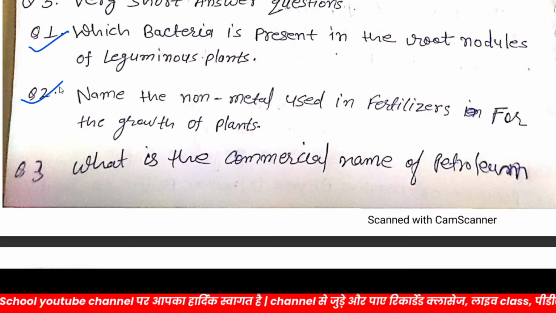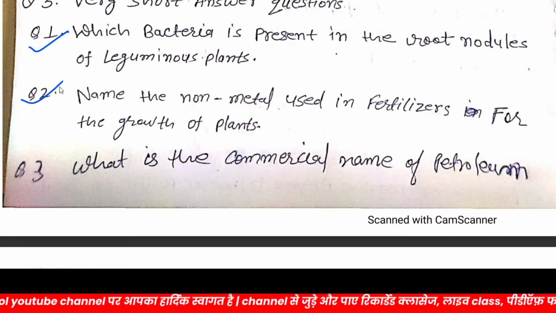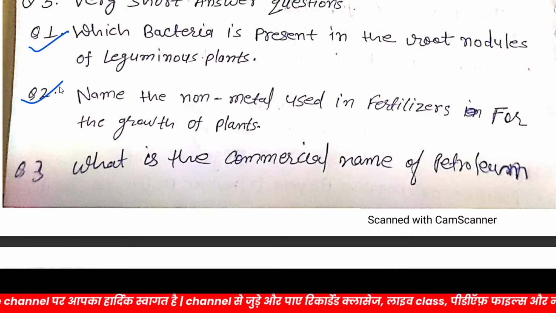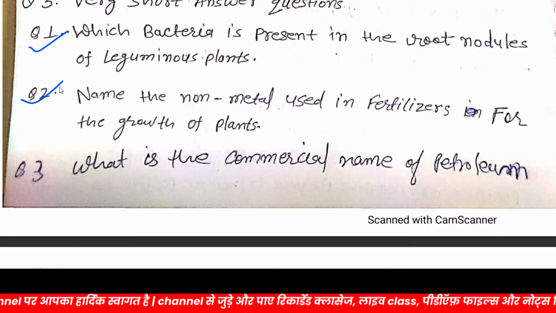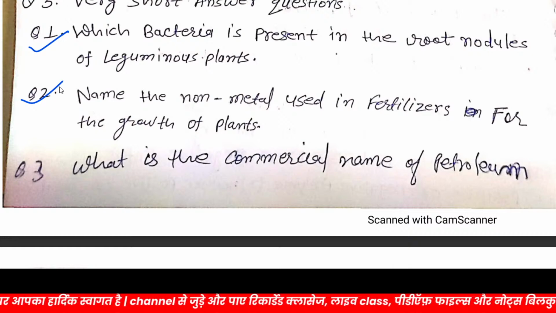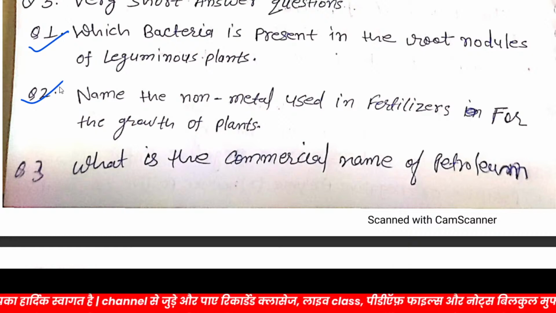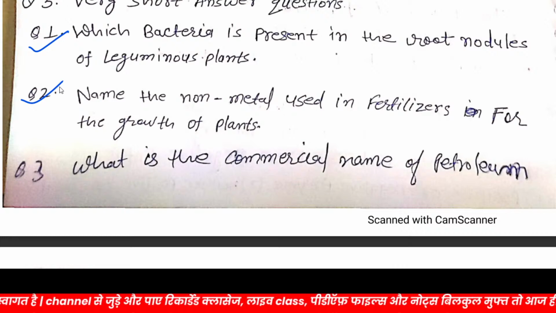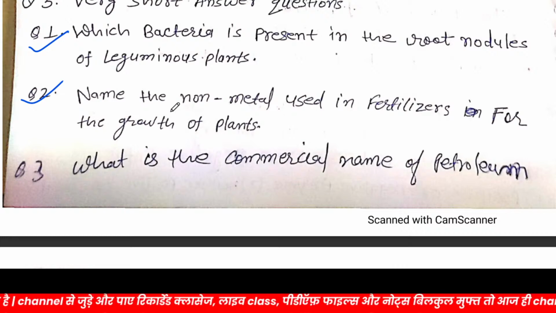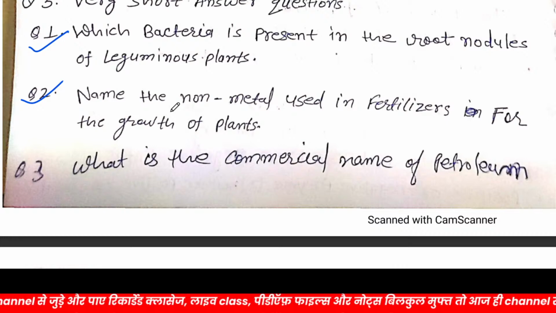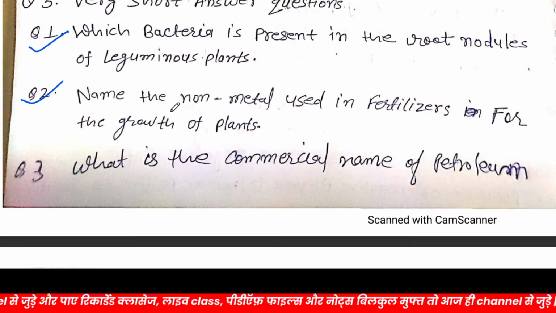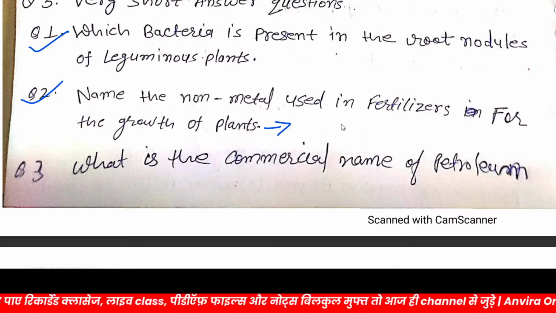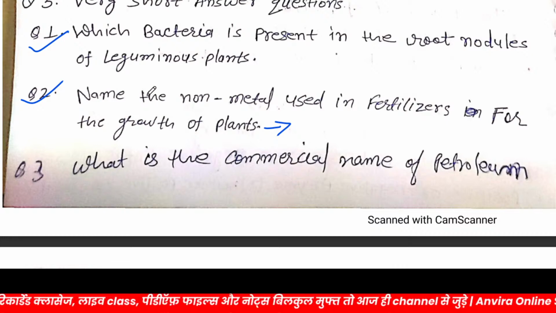So reproduction resulting from the fusion of male and female gametes is called sexual reproduction. So the answer of the second will be nitrogen and phosphorus.